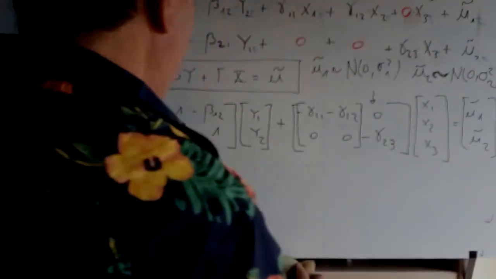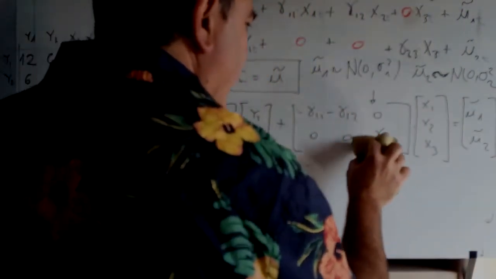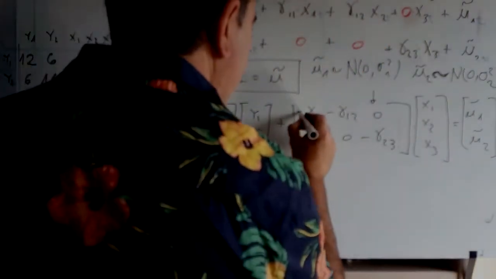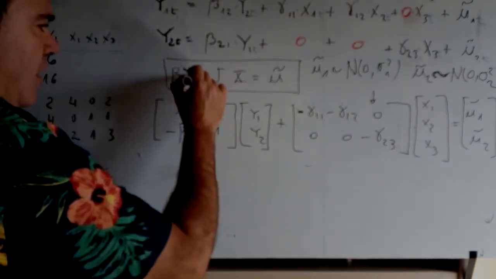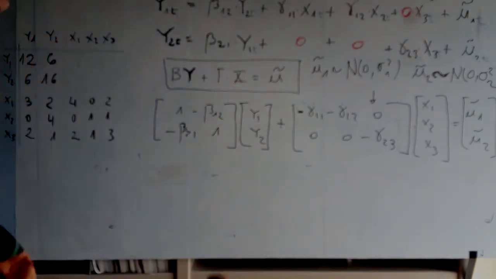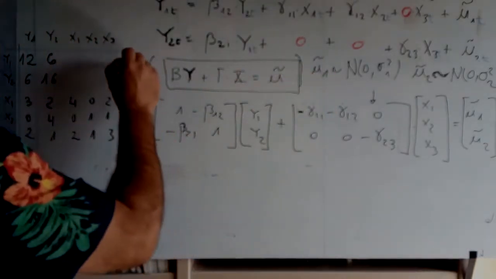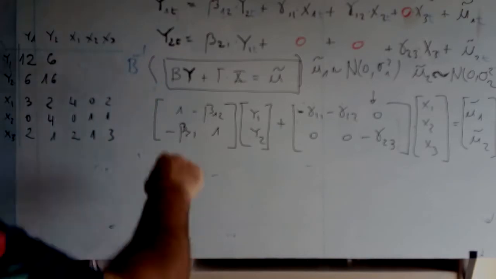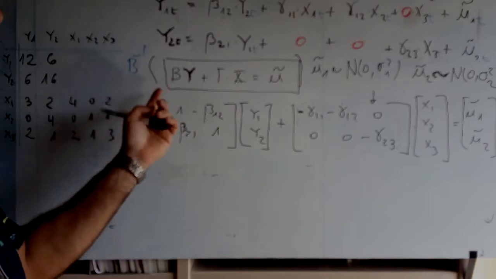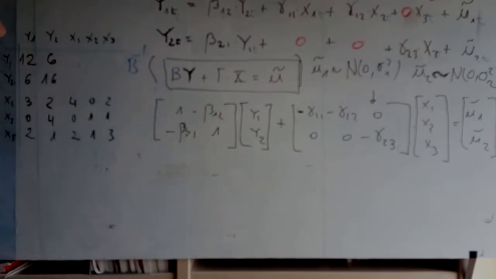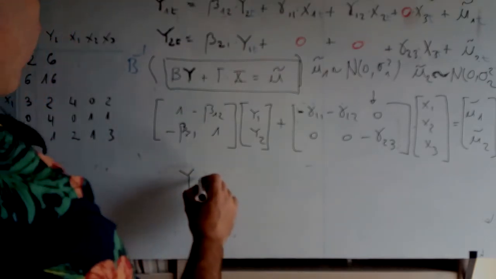So how do we do that? Let's clear this. What we need first of all is to clear the y variable from this equation. How do we do that? Just by multiplying the whole system, both sides of the equal sign, by capital B inverse. Because capital B inverse cancels capital B, it becomes an identity times the vector, which is the vector itself, so this is the way of clearing vectors in terms of matrices.